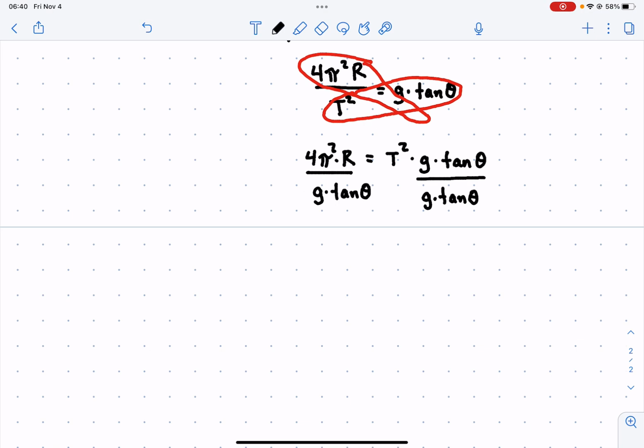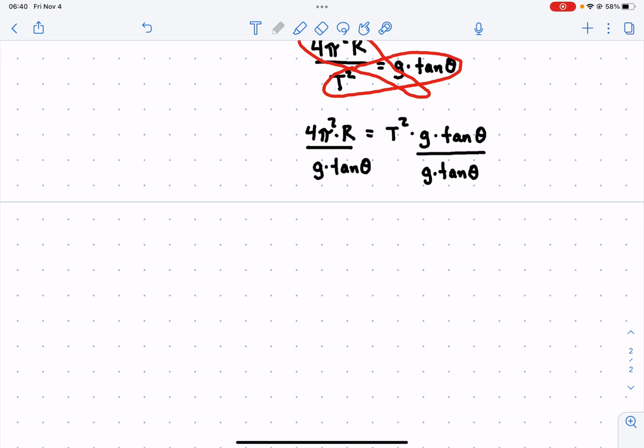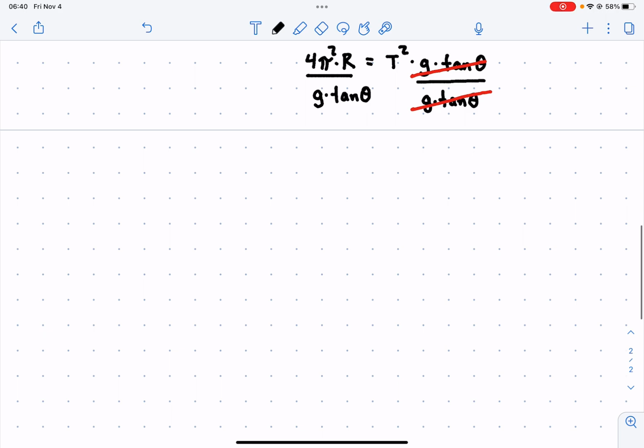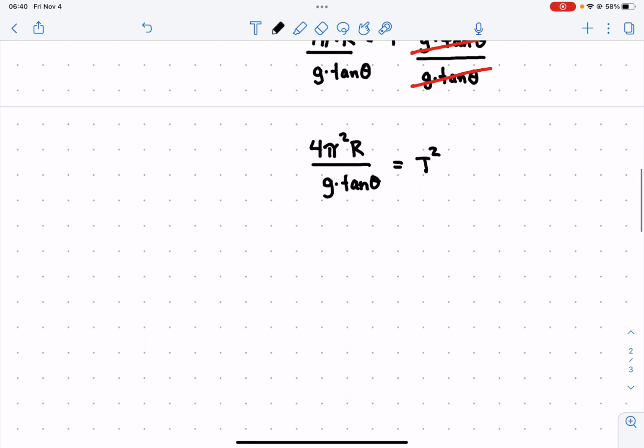Hey, things are looking really nice right now. That will cancel, right? And let's move on to our next page. We have 4 pi squared r divided by g tangent of theta is equal to period squared. Well, period squared is not the period, so we're going to need to take the square root of both sides.